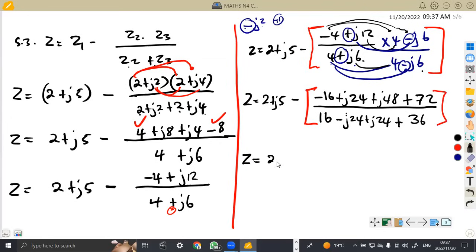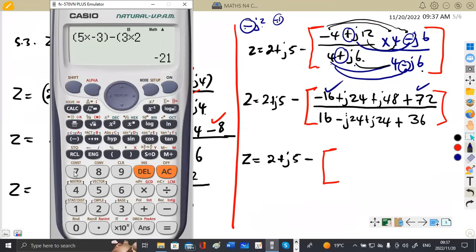Z is equal to 2 plus j5 minus the fraction. We are still having our fraction, we have to simplify further. Minus 16 plus 72, we can add these two. Negative 16 plus 72, which is 56.